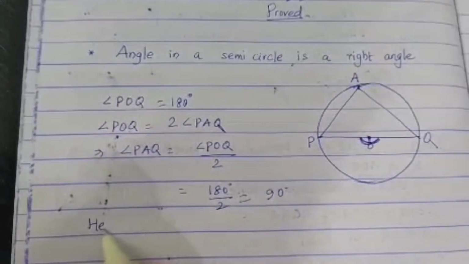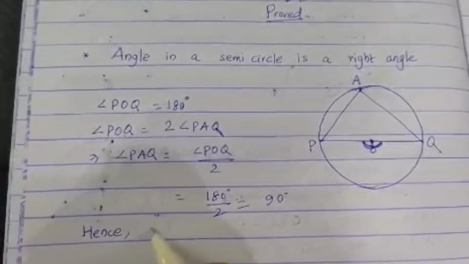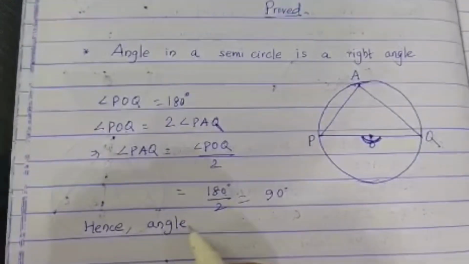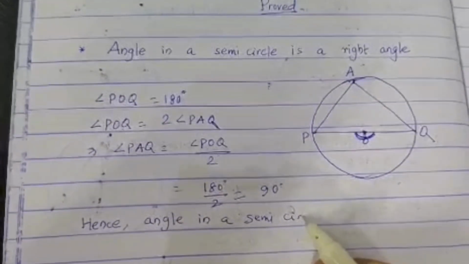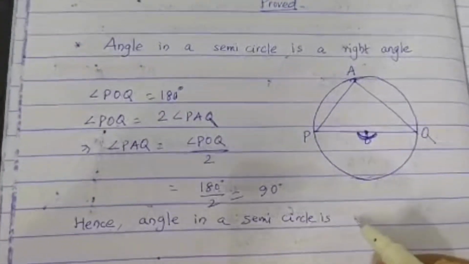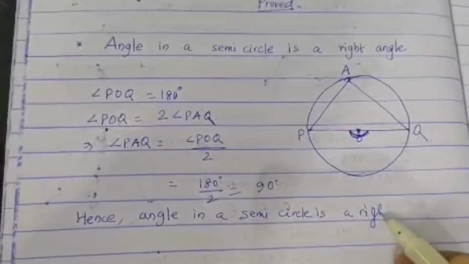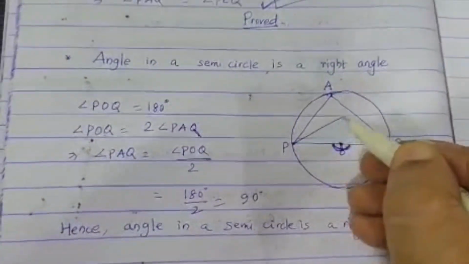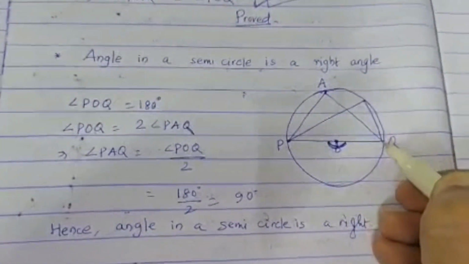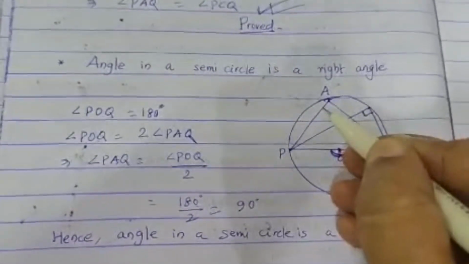Hence angle in a semicircle is a right angle. All right. So if you draw any other points, angles at any other points, this is always 90 degree.